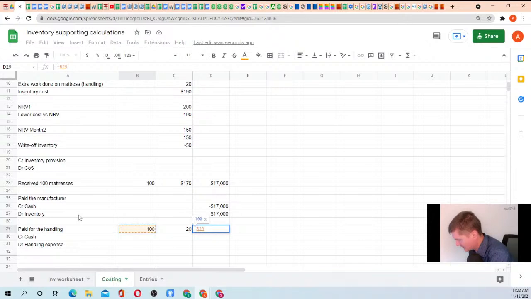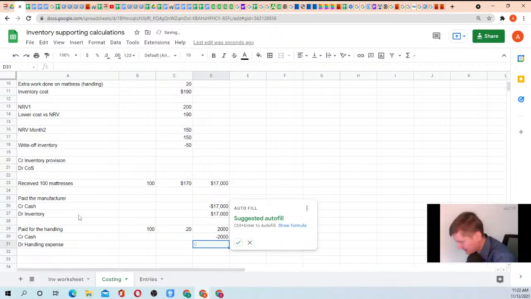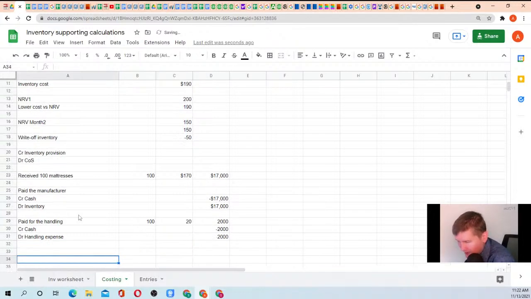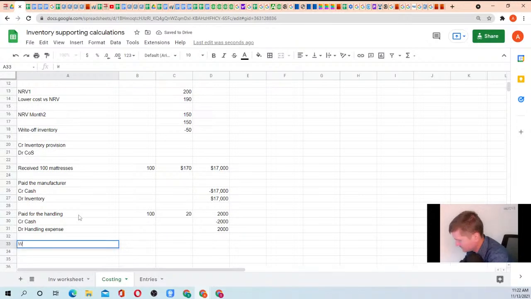So that would be this amount, credit cash, debit handling costs. Now we figure out that we need to capitalize that cost to inventory, to month's end inventory.